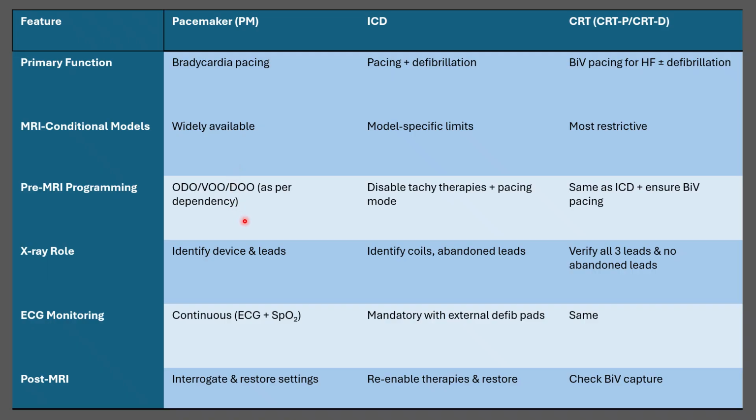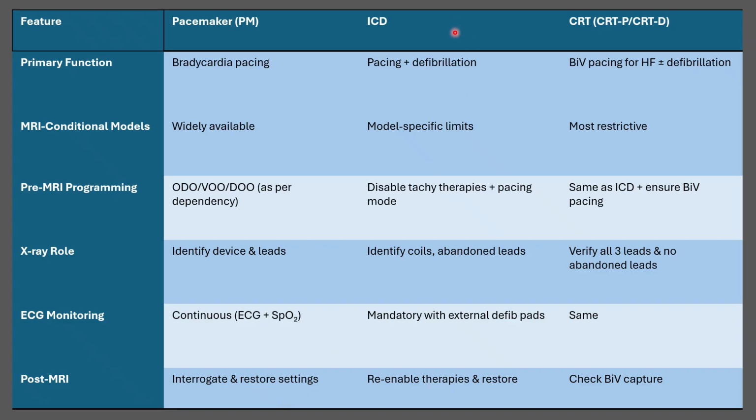Pre-MRI programming in some devices or some patients needs to be VOO or DOO. The X-ray is important to identify the device and the leads. During the MRI, we should use ECG monitoring and SpO2. And after MRI, we should use programming to restore the primary setting and check the integrity of the pacemaker.